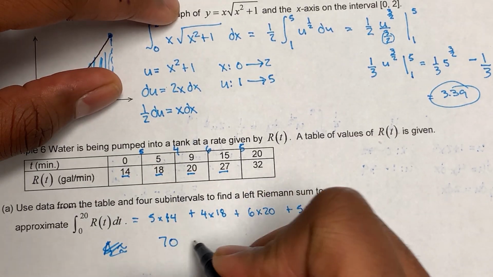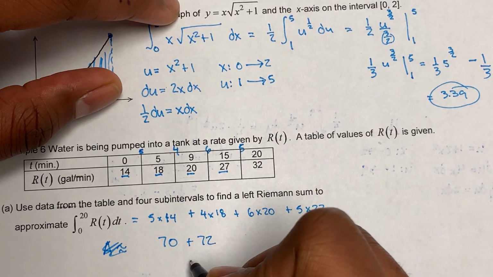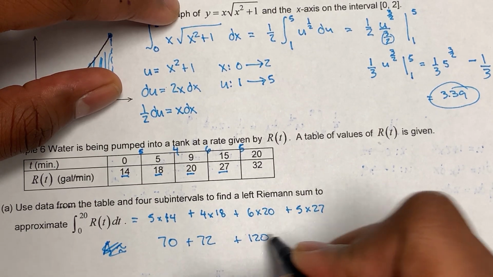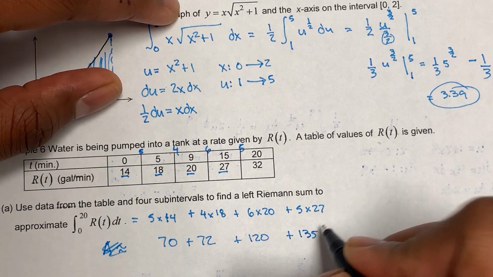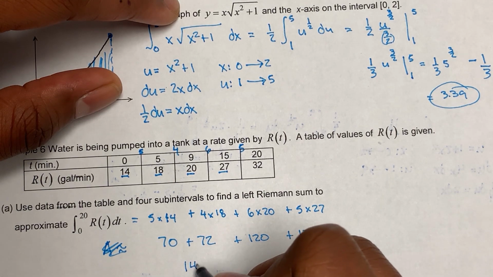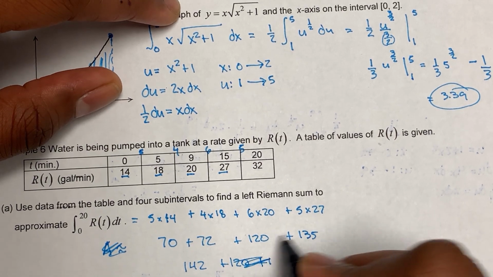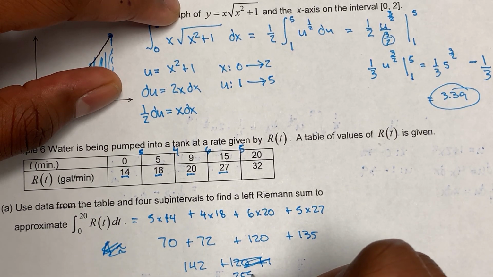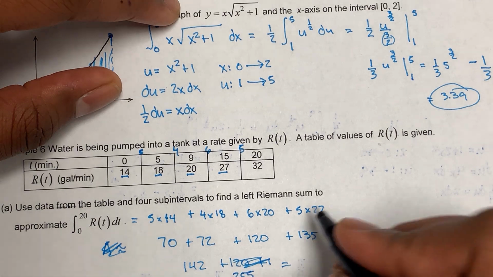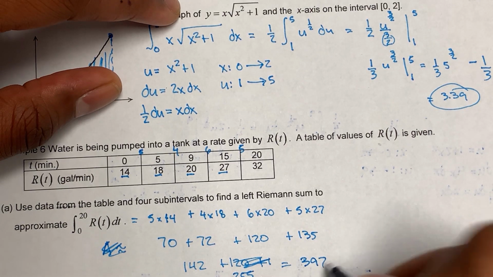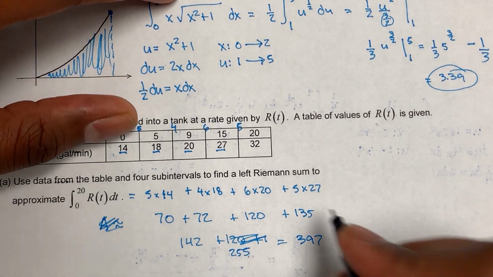So 70 plus 72 plus 120 plus 135. That's 142 plus 120 is 262, plus 135, so this equals 397. You might want to check me.